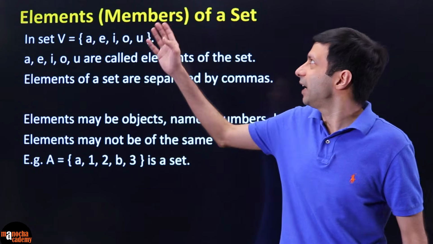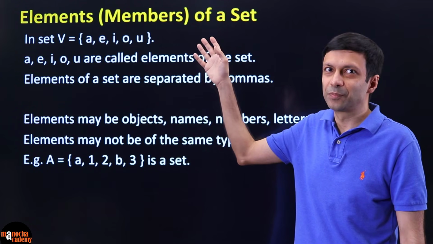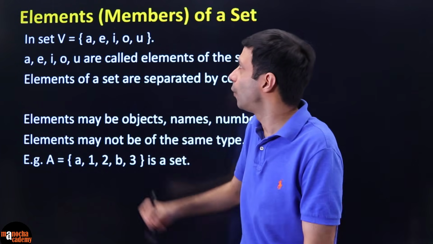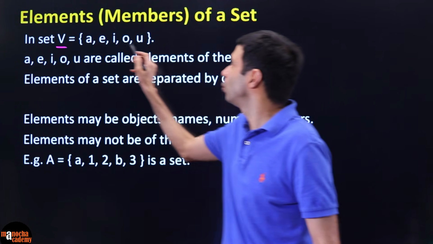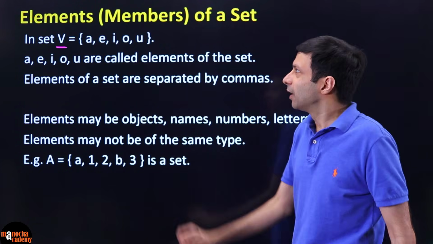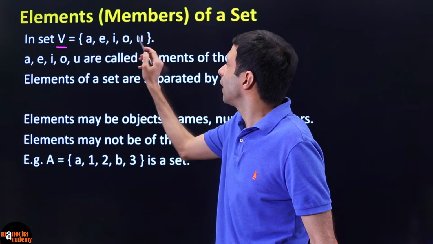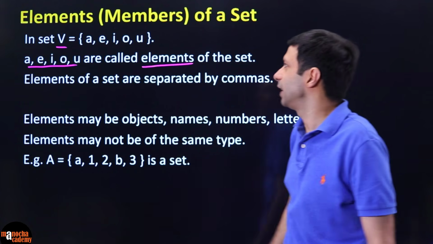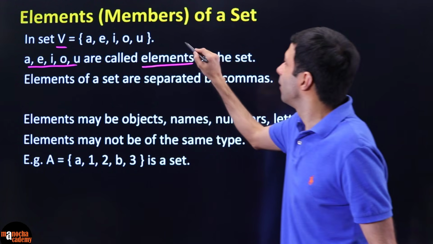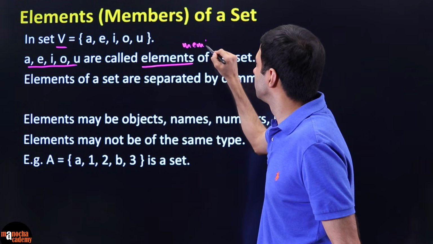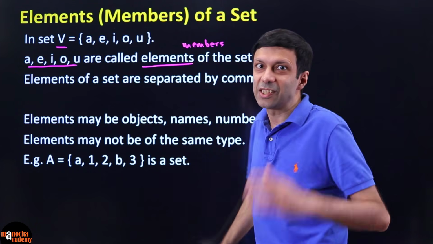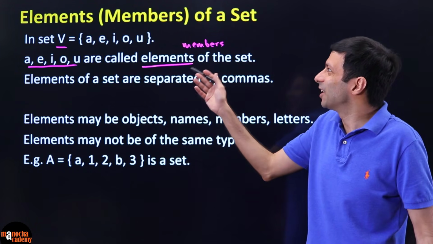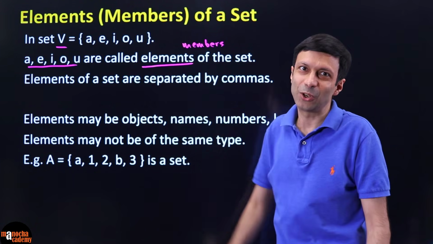Now let's talk about the elements or members of a set. Remember, we had represented the set of vowels like this: V equal to A, E, I, O, U. Here A, E, I, O, U, all these are called elements of the set, or they are also known as members of the set. Just like you have members of a club, these are the members or the elements of the set.